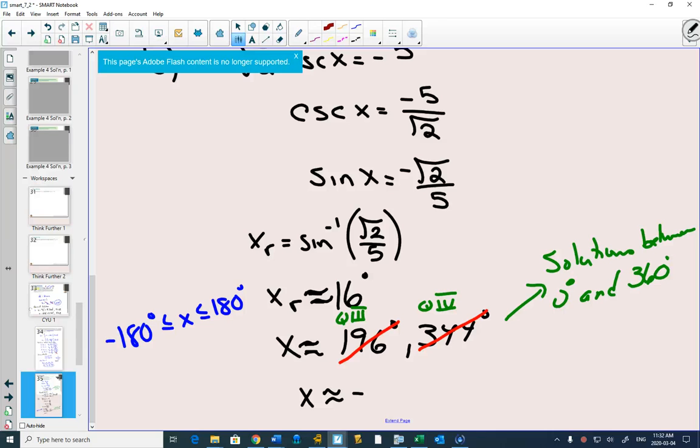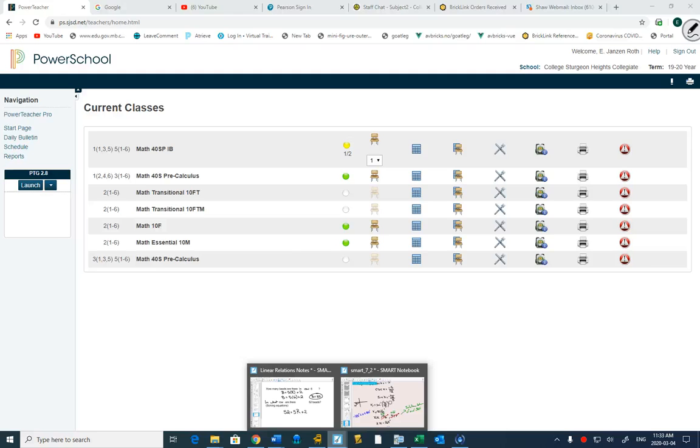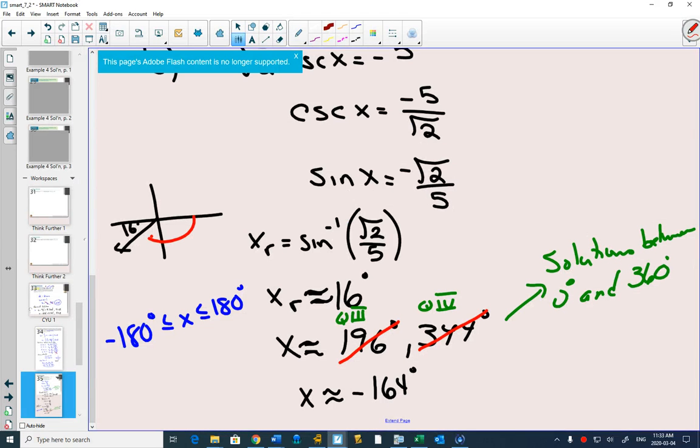Negative 164 degrees. Well, you could do 196 minus 360. I thought about this angle in quadrant 3. I thought about a reference angle of 16 degrees. And then I said, how would I figure out this one?